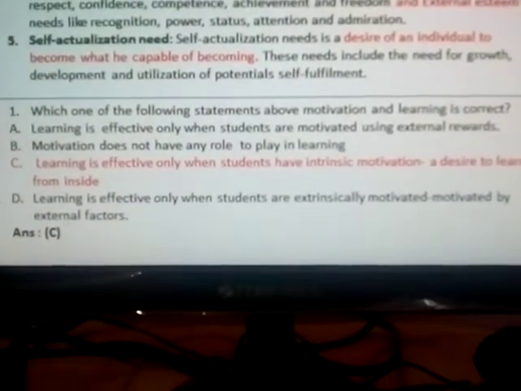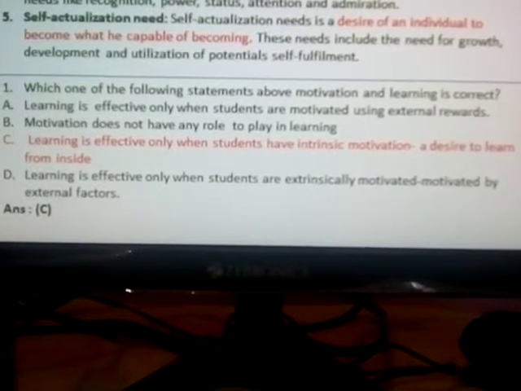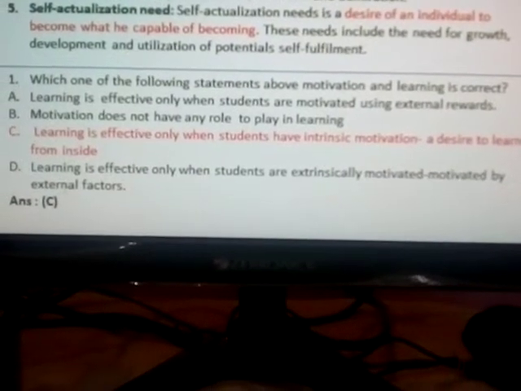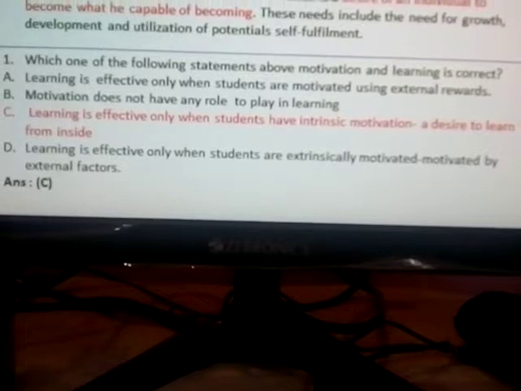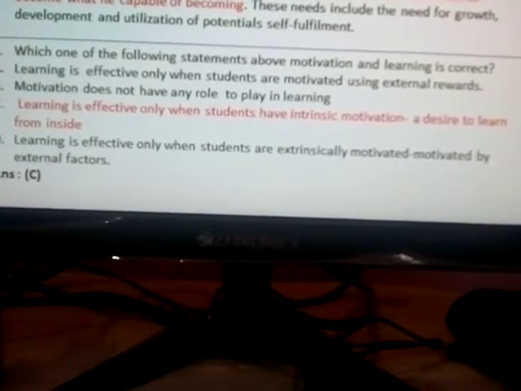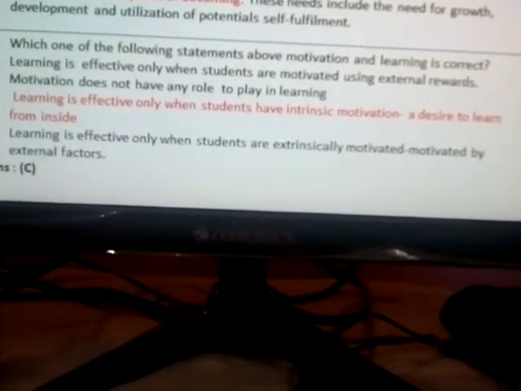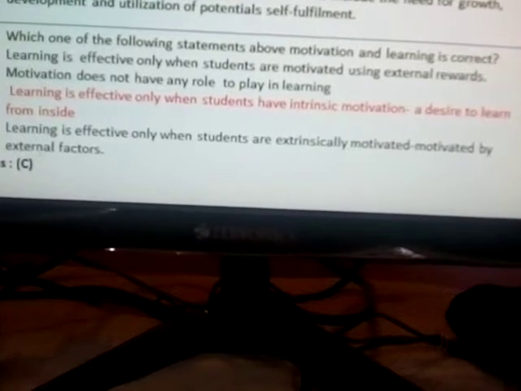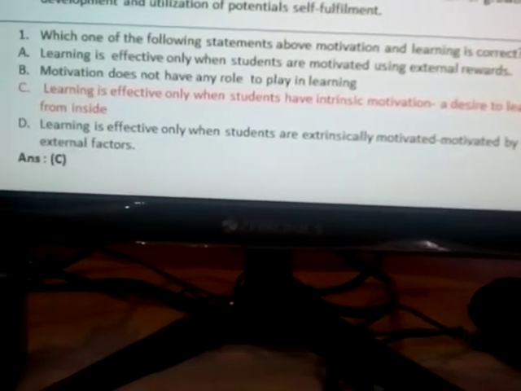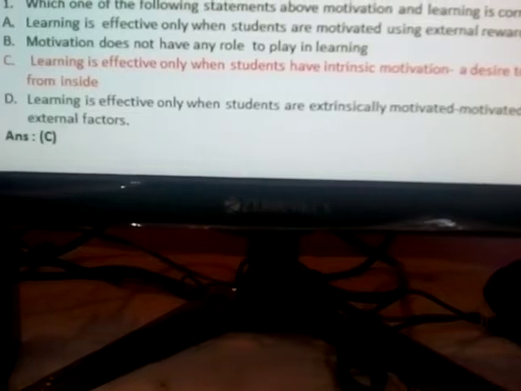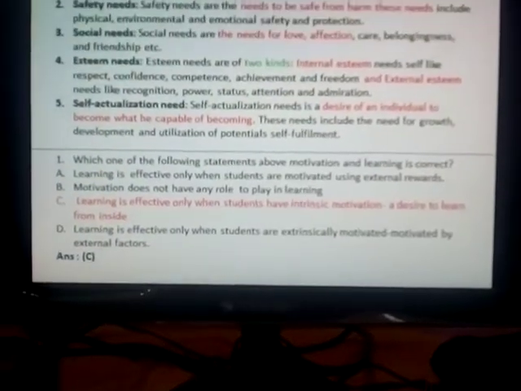Next question. Which one of the statements on motivation and learning is correct? Answer: Learning is effective only when the students have initial motivation, the desire to learn from inside.